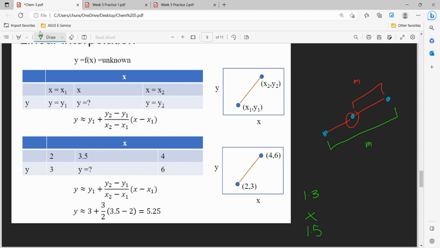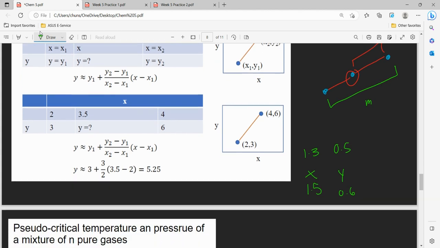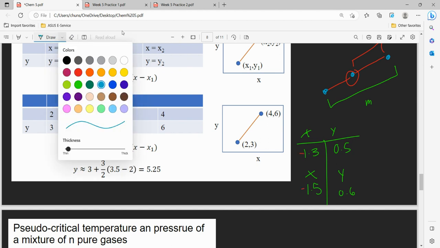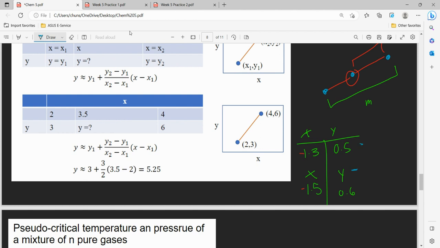And I have a value in between here that I want to know, and a value in between here that I want to know, and I had 0.5 and 0.6. Let me just make this look like a chart. This is x and y. Slope is y over x, right? So you want to make the slope of these 2 points equal to the slope of any other 2 points that include the unknown, right?